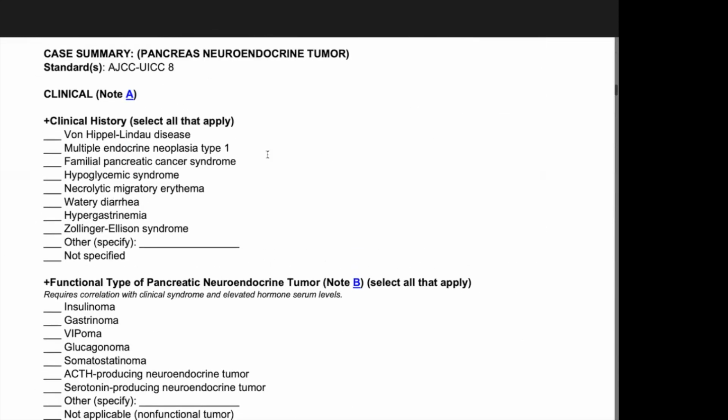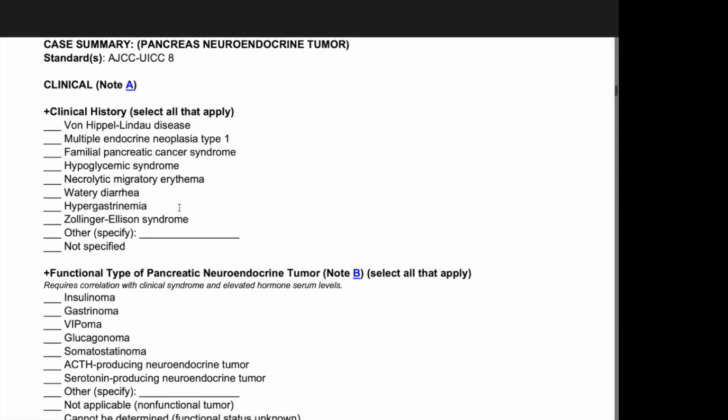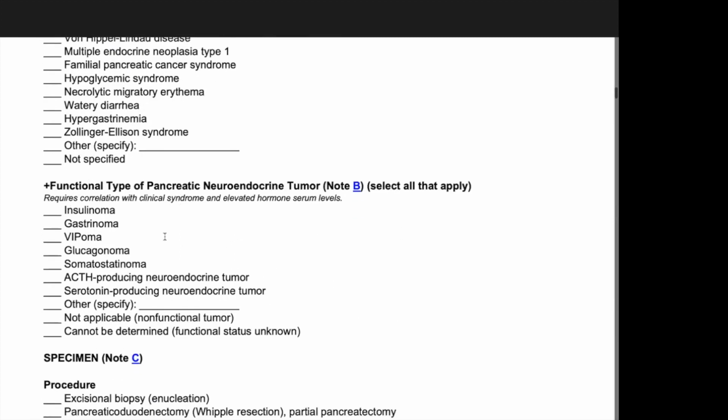So it's important to note the clinical history within a neuroendocrine tumor where there is anything syndromic, such as von Hippel-Lindau disease, MEN1, so multiple endocrine neoplasia type 1, and other syndromes. And then when they talk about functional type of neuroendocrine tumors, they are talking about whether there are symptoms associated with the tumor.